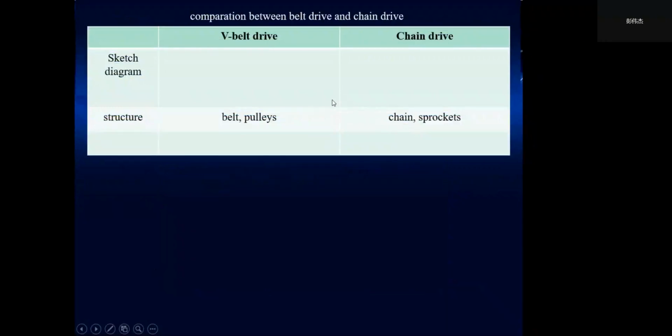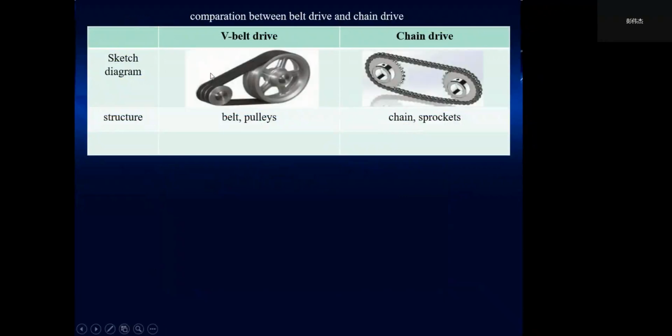This table lists the difference between belt drive and chain drive. A belt drive consists of a driving pulley, a driven pulley and a belt. A chain drive consists of a driving sprocket, a driven sprocket, and a chain loop.